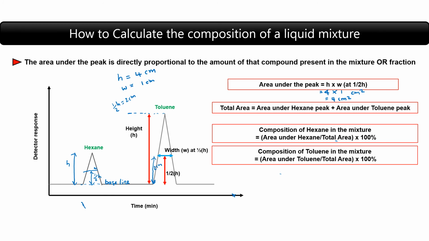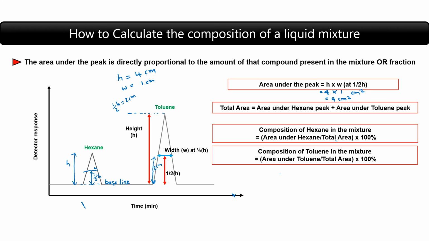Composition of toluene in the mixture would be area under toluene over total area times 100%. This way you can calculate the composition as a percentage and say, okay, 40% of hexane was present in this fraction, 60% of toluene was present in this fraction, something like that.